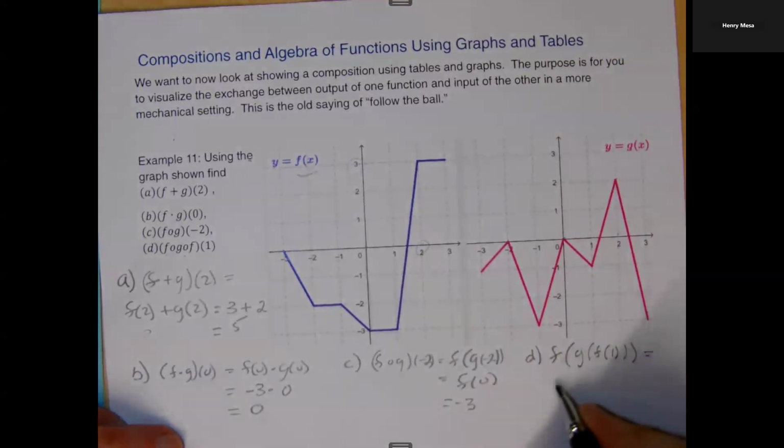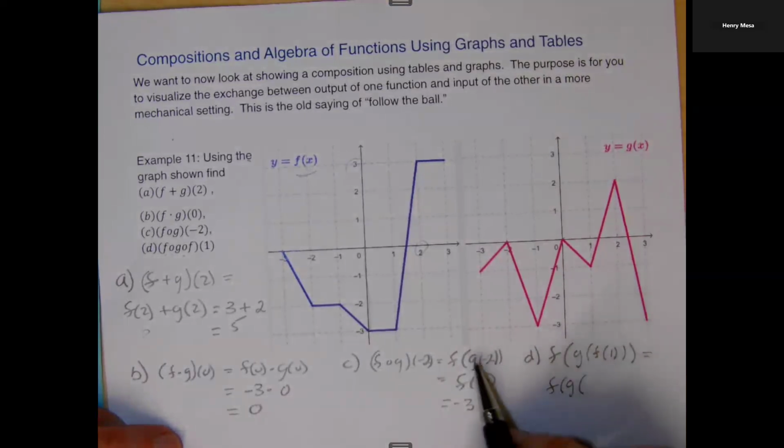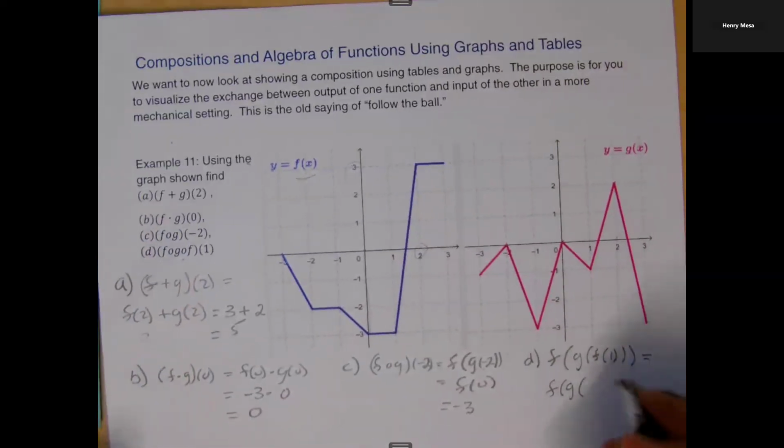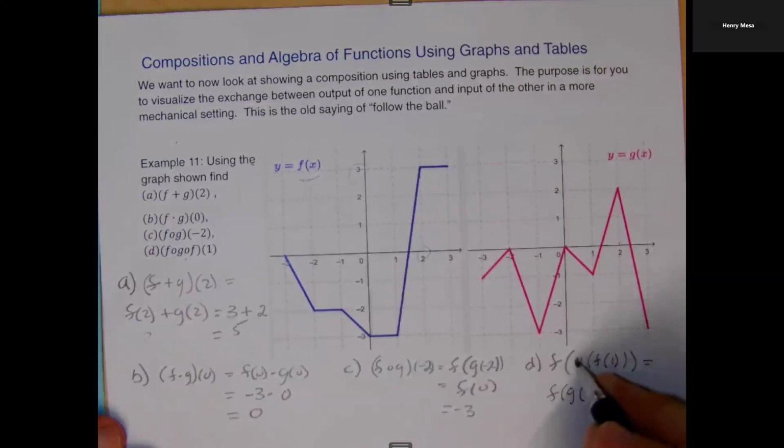Well, again, I'm going to write things first that I'm not going to touch. Notice how I did it here: I wrote f of g of -2, and then I wrote f of, and then I found it on the graph. Look very carefully at how I'm doing this. Now I write the things that I'm not going to change first.